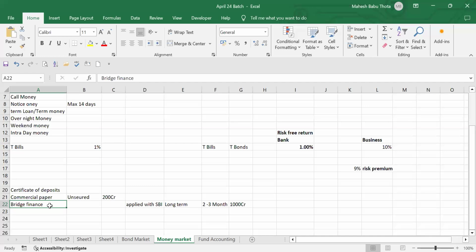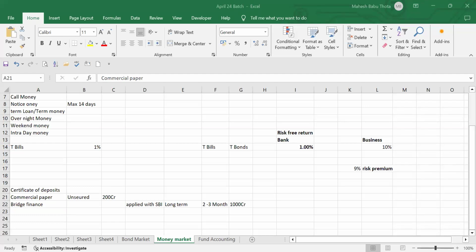Bridge finance is not a type of instrument; it is an activity. I'm taking finance for a short-term requirement by using commercial papers. So commercial paper is an instrument. With this instrument, I can get the required capital within less than 1 year. I can issue the commercial paper, and I can get the capital for short-term requirements.